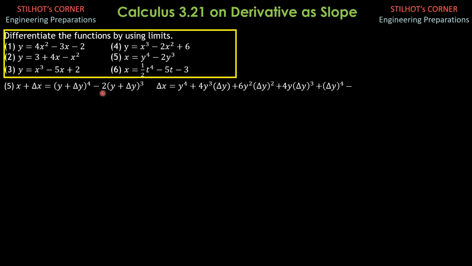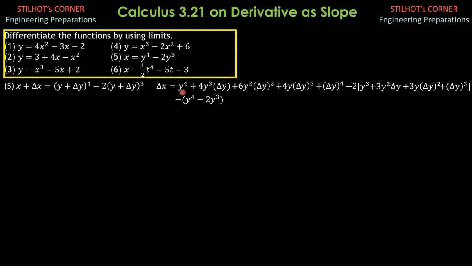Then minus 2 quantity y cubed plus 3y squared delta y, then plus 3y delta y squared, then plus delta y cubed. Close. Then minus x, and x is quantity y to the fourth minus 2y cubed.